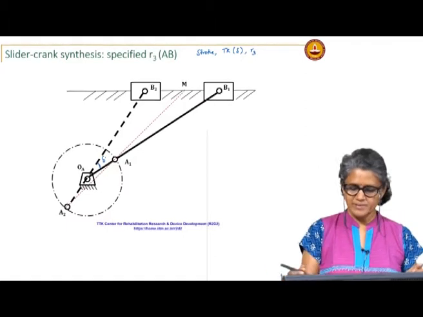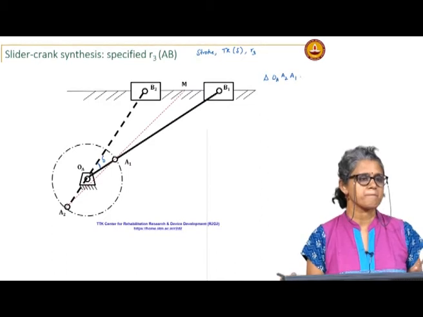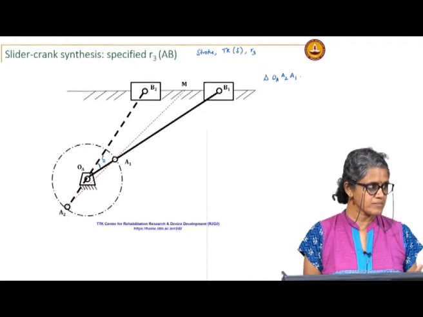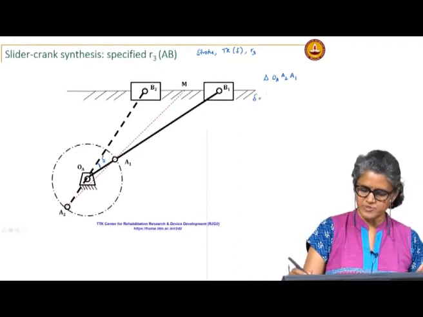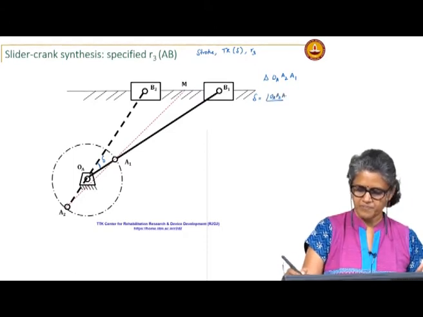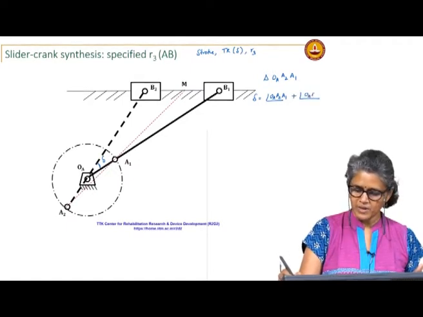Now, if I look at triangle OA A2 A1, delta is my external angle. So, delta equals the sum of the interior opposite angles, which are OA A2 A1 and OA A1 A2.